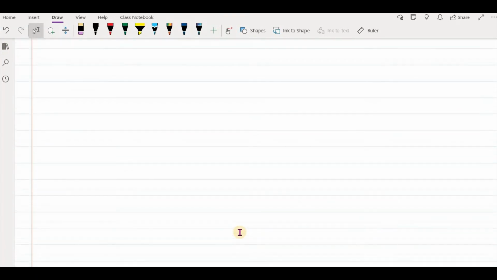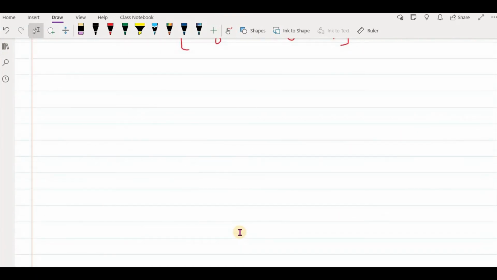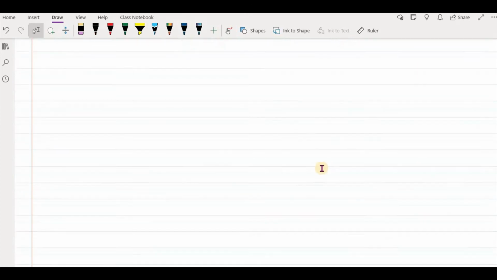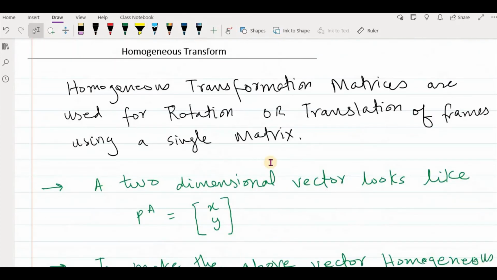I think here we have some space, so let's draw it here. Better make a new slide.